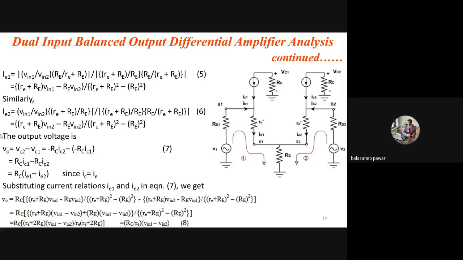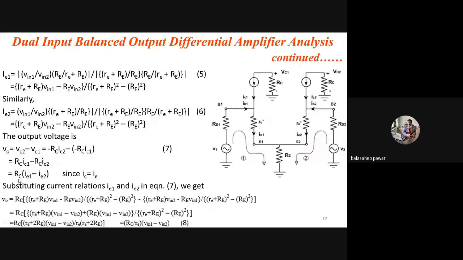Correct? And what is that VC, the collector voltage? I already mentioned in the previous slide that it is nothing but RC into IC. So you will get VO equals RC times (IE1 minus IE2).